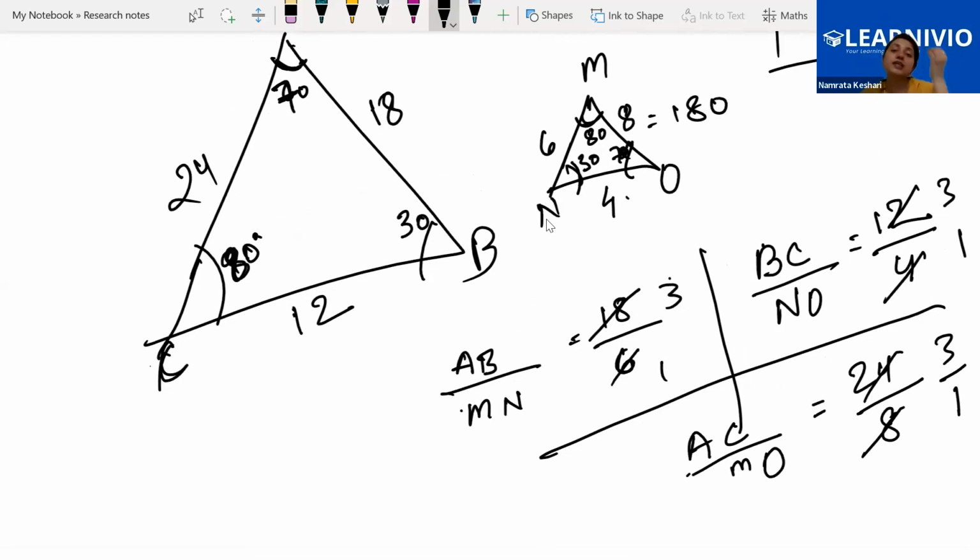If that is the case, sides are in proportion with each other, then we will say that yes, these two shapes are similar shapes. Have you understood the concept of similar shape?